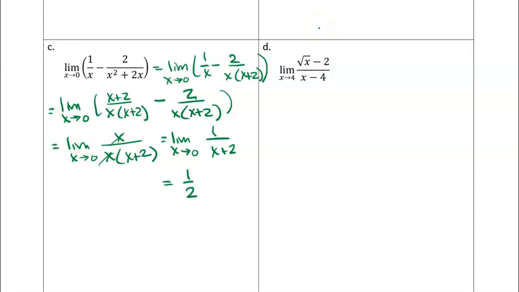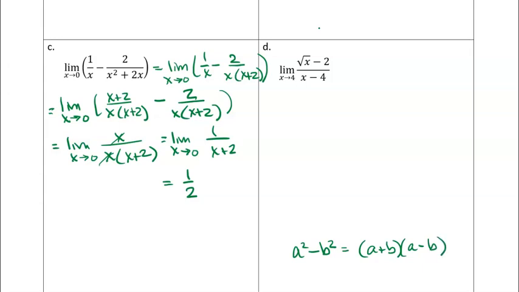And here you can see we have a square root. Now, there's a little trick with square roots, and what we want to do is multiply by the conjugate of the numerator. This relies on the fact that if you have a squared minus b squared, that factors into a plus b times a minus b.